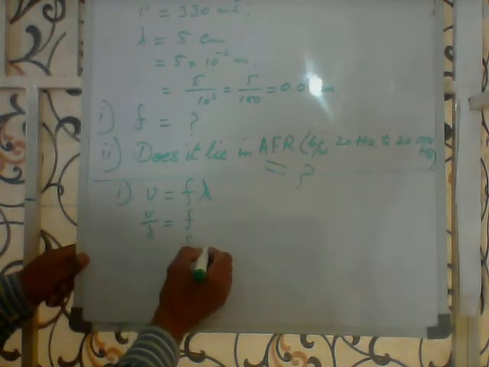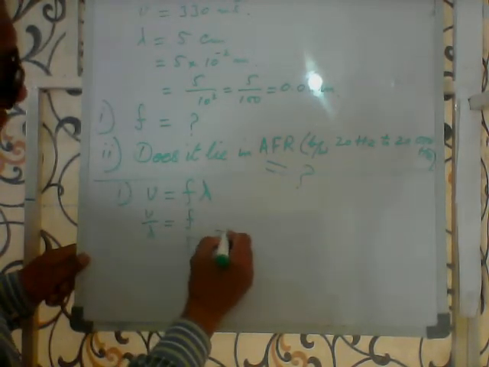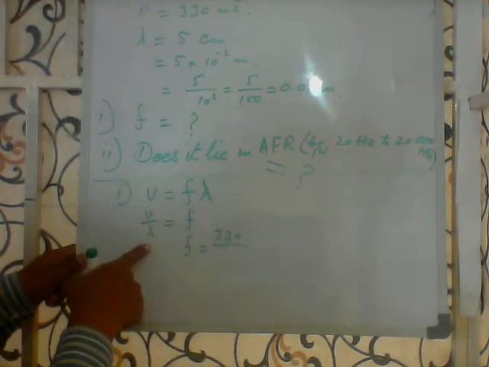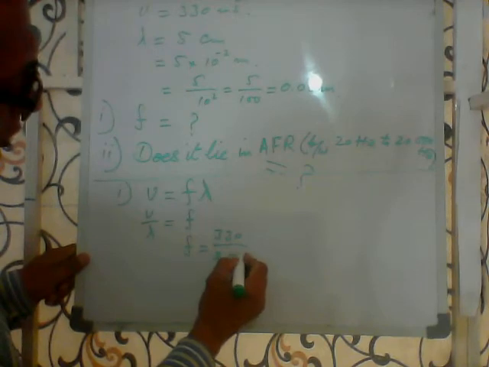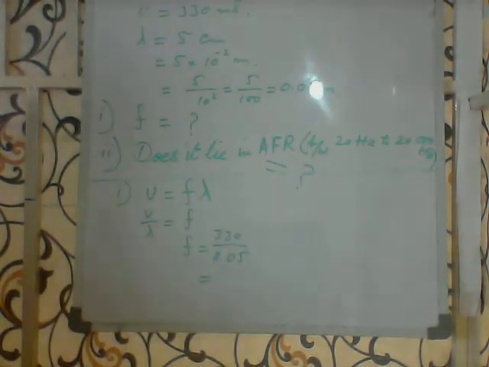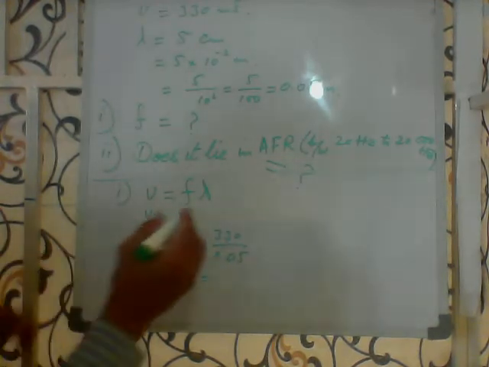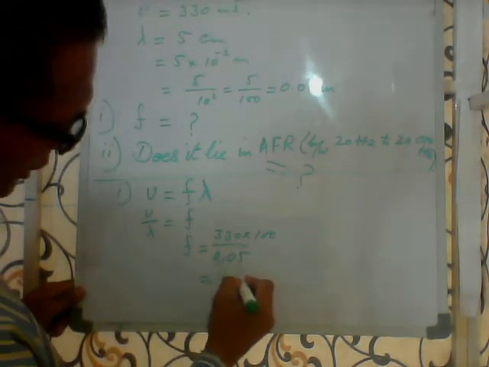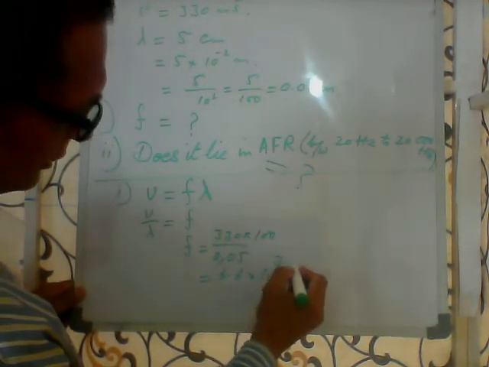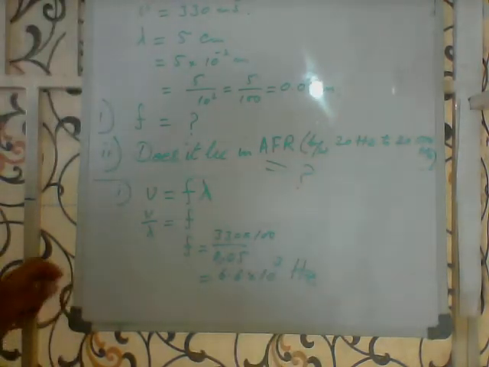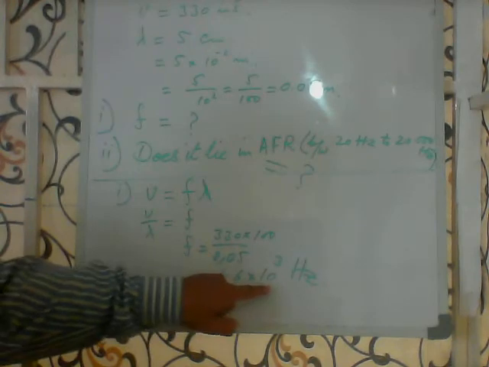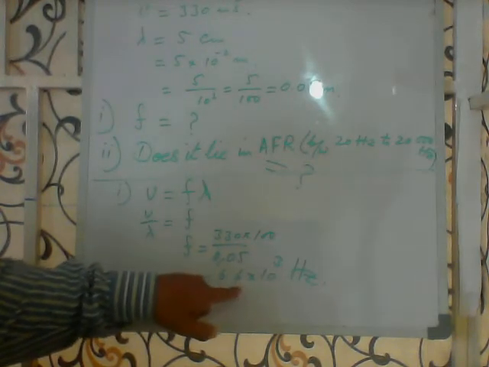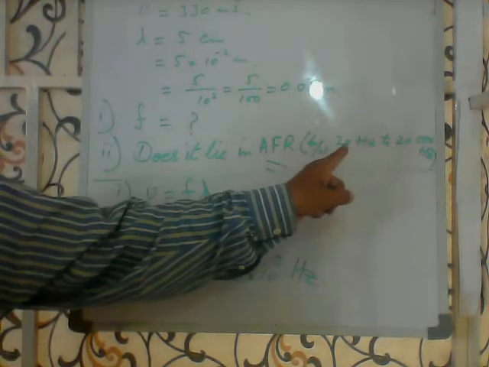Velocity is 330 divided by lambda, which is 0.05. On the calculator it comes to 6.6 into 10 to the power 3 Hertz.